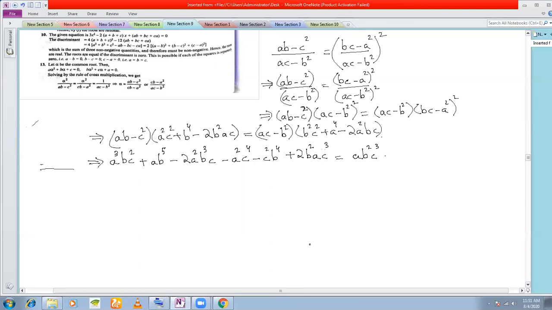Okay, we expand both sides term by term, collecting the products with powers like a to the power of 5 c, a to the power of 4 c square, a cube b c square, and a square b cube c. Okay, why minus a to the power 5 c?